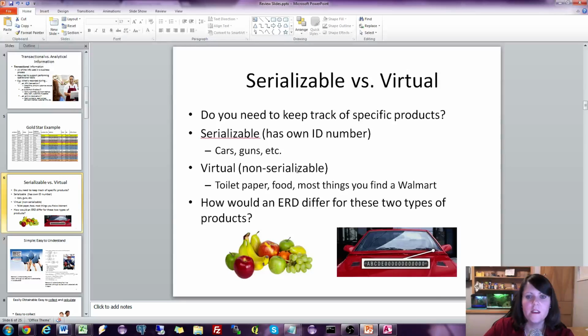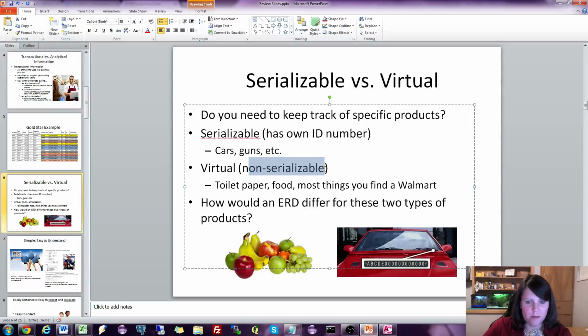Okay, so we talked a little at length about the difference between serializable and non-serializable products. The bottom line: something that's non-serializable is something where you don't care about that specific item within a group of similar items.